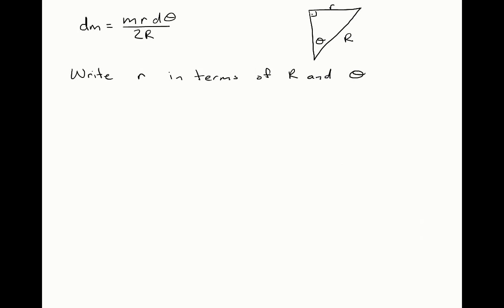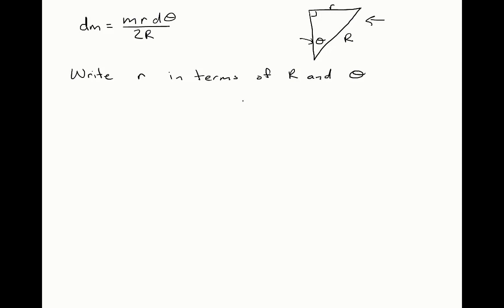So we have this triangle over here. We want little r written in terms of R and theta. Remember, little r is the radius of each individual little hoop we're dealing with. Capital R is the radius of the whole sphere. Theta is this angle right here in the picture, the polar angle if you were in spherical coordinates.